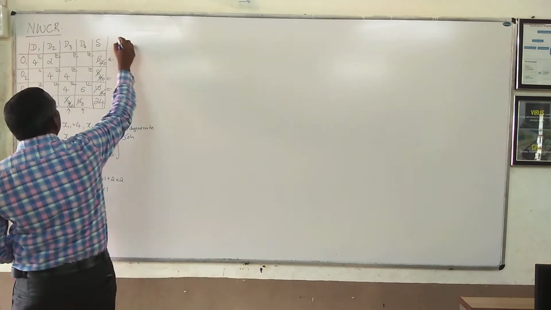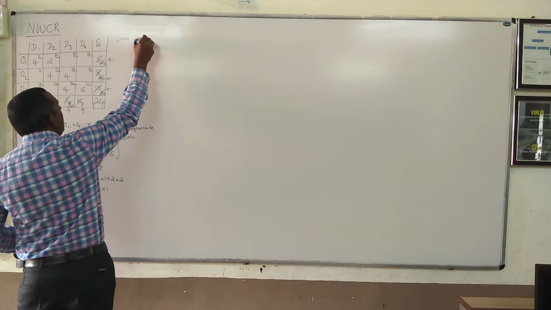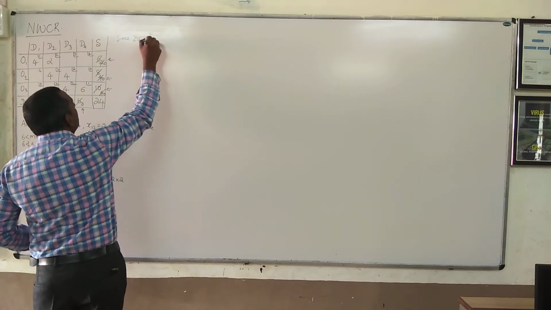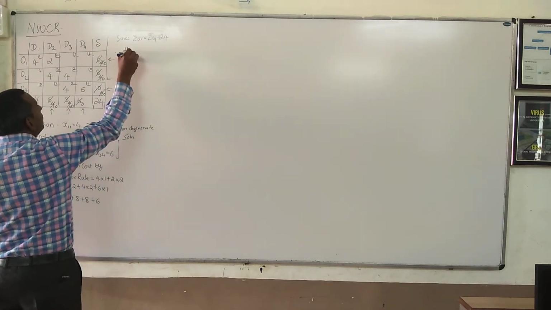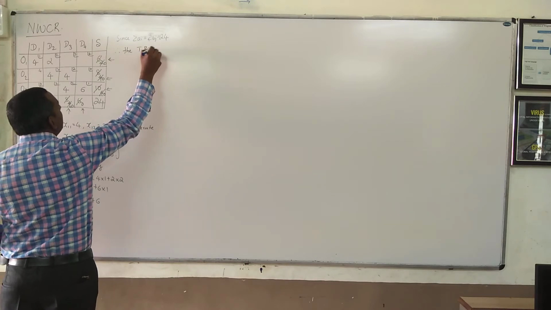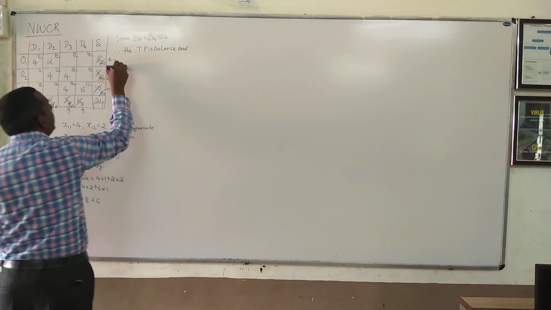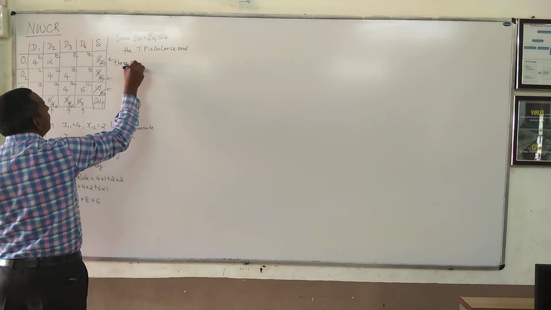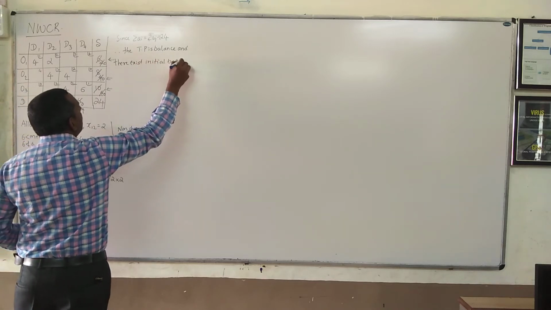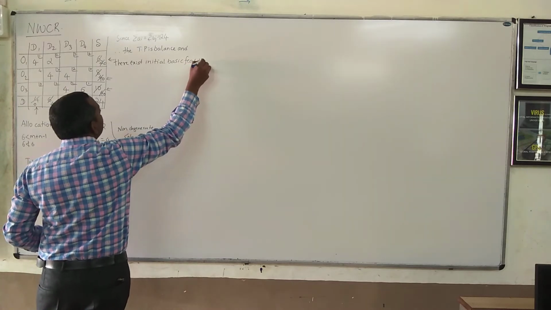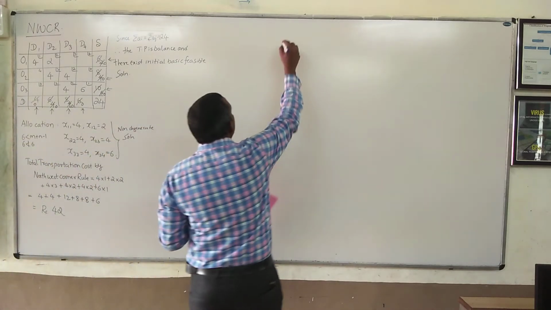Since the summation of ai is equal to the summation of bj, which is 24, the transportation problem is balanced and there exists an initial basic feasible solution.